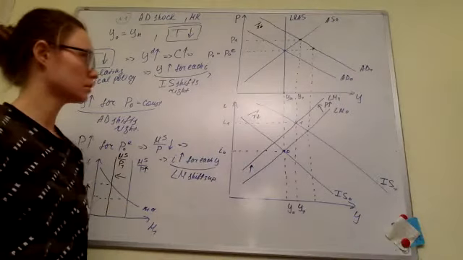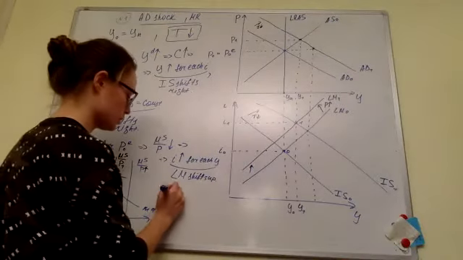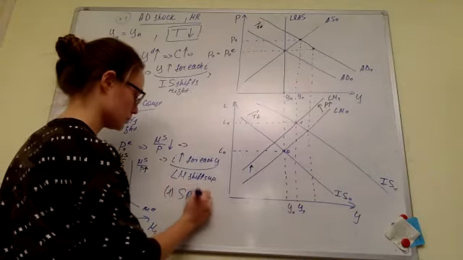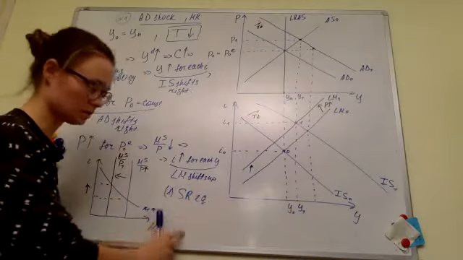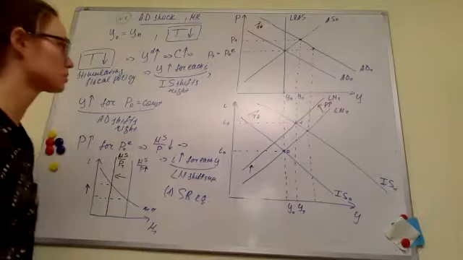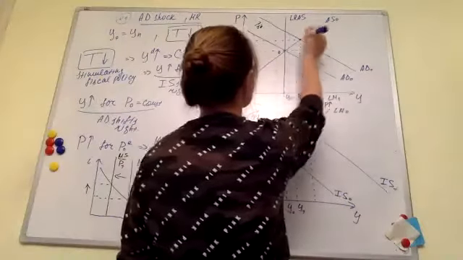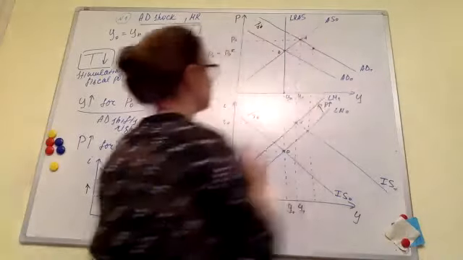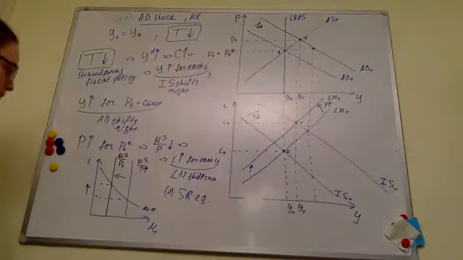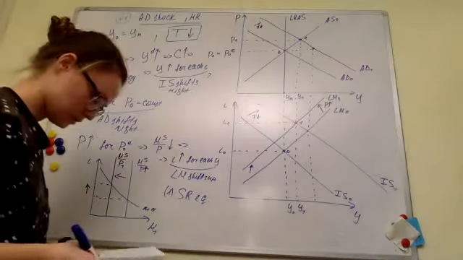You can say that point 1 is the short run equilibrium, like this. And now we will explain what is happening in the short run. So we start here from 0, and now we're in 1. Yes? So let us write down.